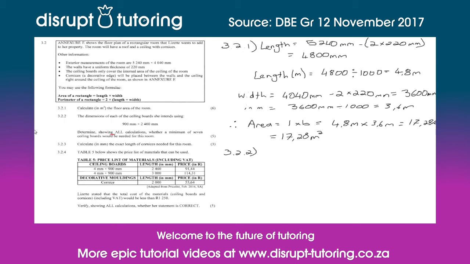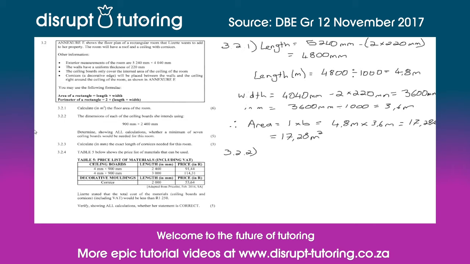Determine, and remember to show all calculations, whether a minimum of 7 ceiling boards would be needed for the room. So what we'll need to do is calculate what the surface area of these boards are. First of all, I just want to convert these dimensions into meters because we're working in meters.